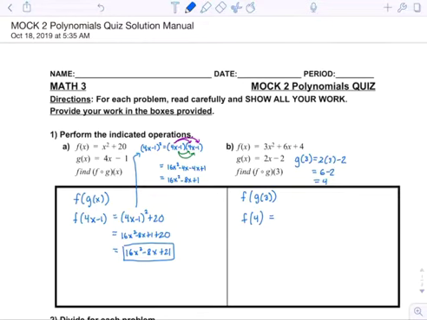So f of 4 is 3 times 4 to the second, plus 6 times 4 plus 4. 3 times 16 is 48, plus 6 times 4 is 24, plus 4. And when you add that, you should have gotten 76.